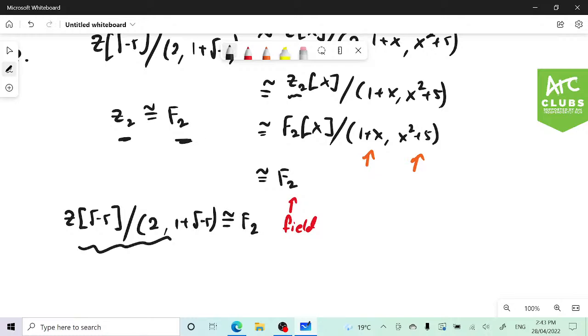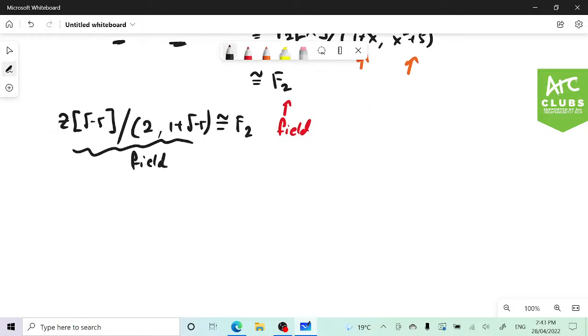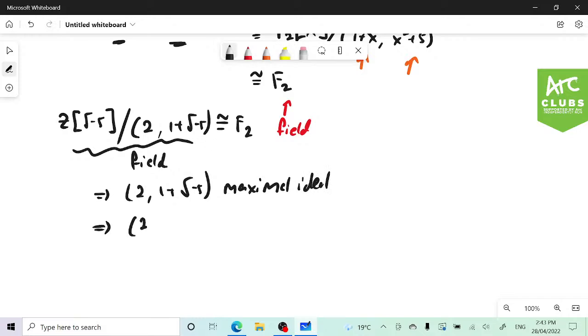So this thing here is a field, and what that implies is that 2 and 1 plus square root of minus 5 is actually a maximal ideal. And what that consequently implies is that this ideal is also prime.